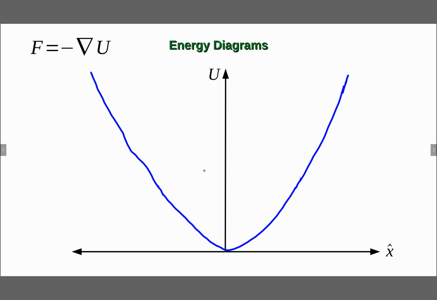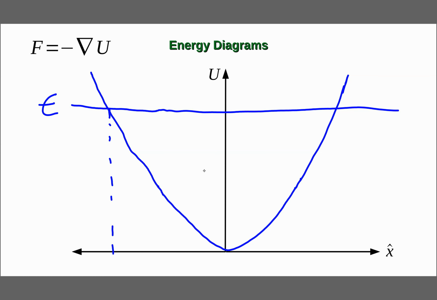So if I give an object some total amount of mechanical energy, E, then at any point in here, the object can sit anywhere along this area, right? And at any point, it'll always have potential energy up to our curve and kinetic energy from the curve to E, okay?